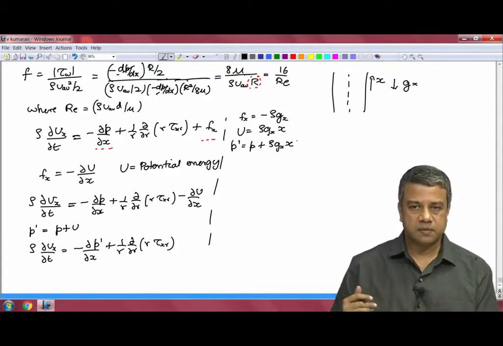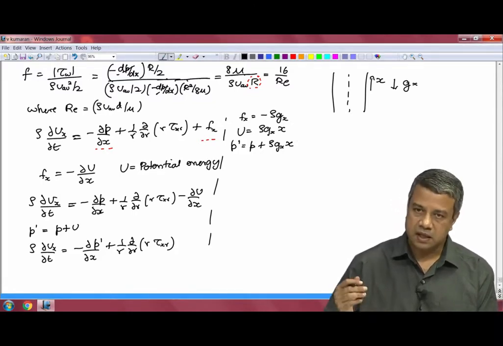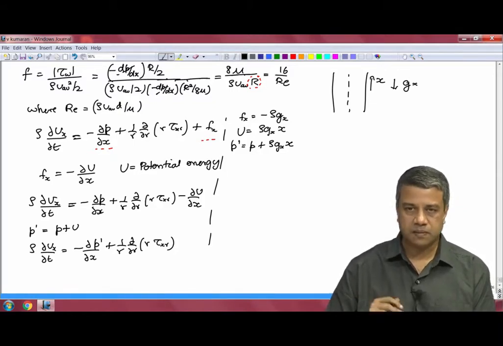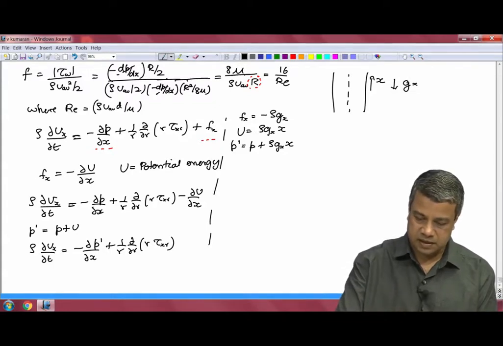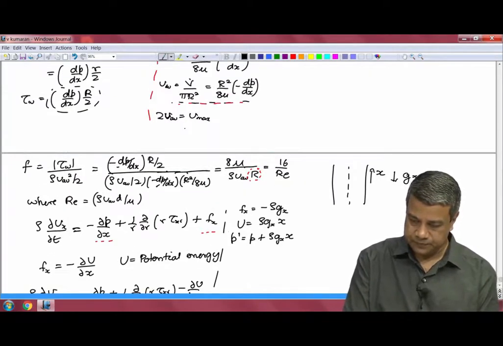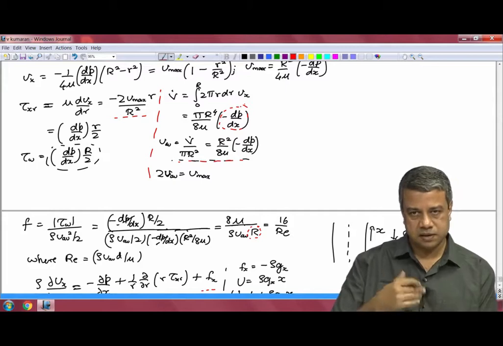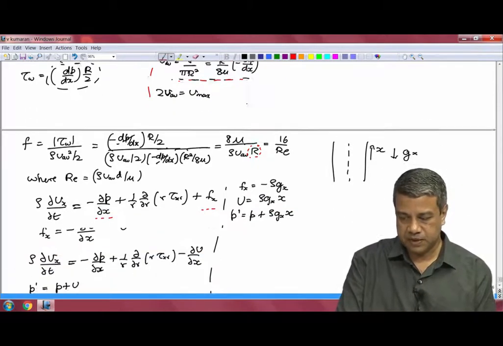The pressure plus the potential energy is P prime, and it is this gradient that is specified. The velocity profile depends upon partial P prime by partial x instead of partial P by partial x that I had over here. Instead of the partial P by partial x, I just have to substitute partial P by partial x plus rho g x, or minus rho g x depending upon the sign.